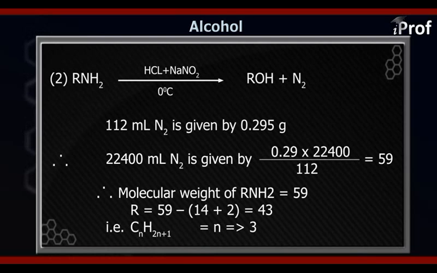So now you have strong reasons to claim that the structure of the RNH2 will be something like CH3CH(NH2)CH3, and the alcohol formed by the reaction of this 1-degree amine will give a yellow ppt with iodine and NaOH because of the formation of iodoform. So the alcohol will be a 2-degree alcohol, and the structure I have already told you.